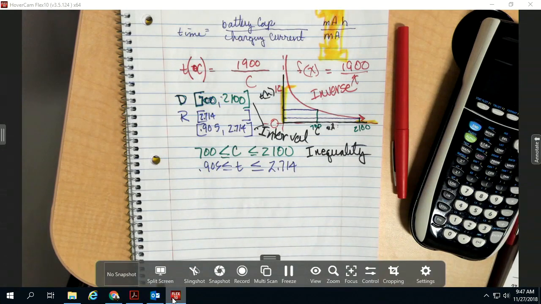So yeah, you're right, it does look like an ordered pair, but it's not an ordered pair. The value is between these two numbers. D stands for the domain, R stands for the range. Does that make sense to you now? Yeah. Okay.